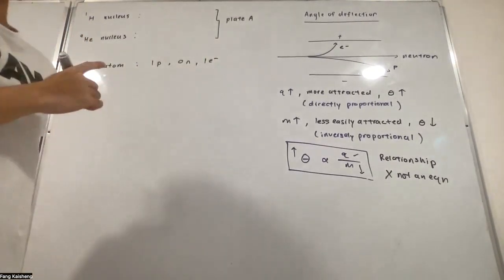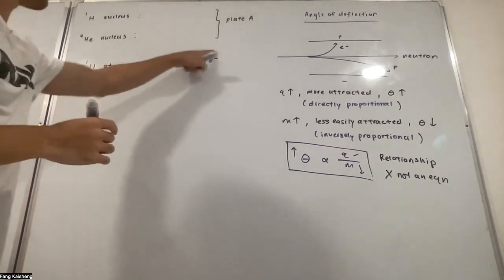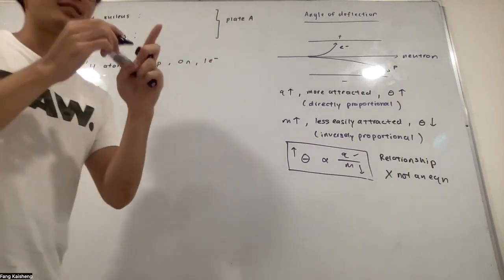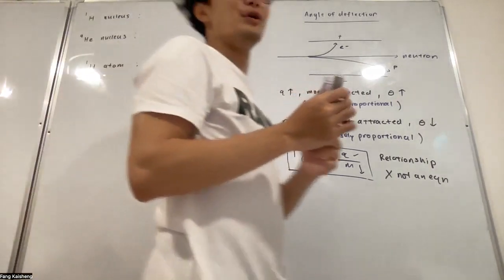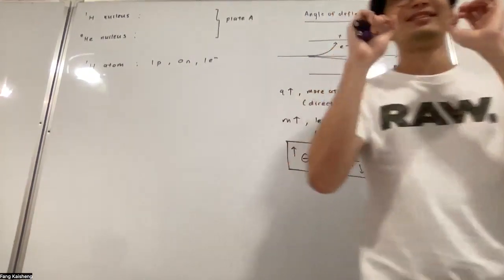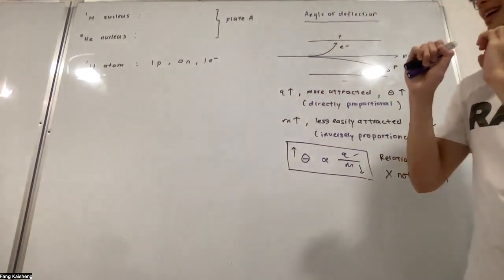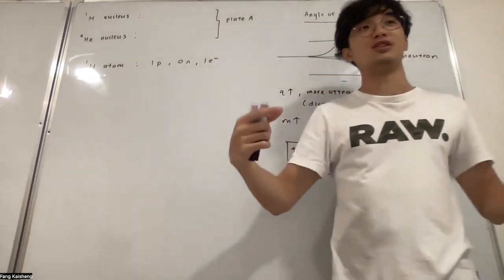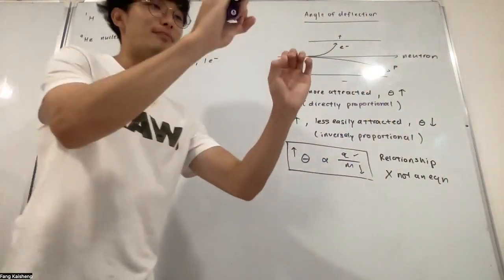Now, if you take a look, what's the overall charge of this hydrogen atom, if it has 1 proton, 1 electron? 1 plus, 1 minus. It doesn't matter whether there are neutrons or not, because they don't affect the charge. The idea is 1 plus and 1 minus cancel out.